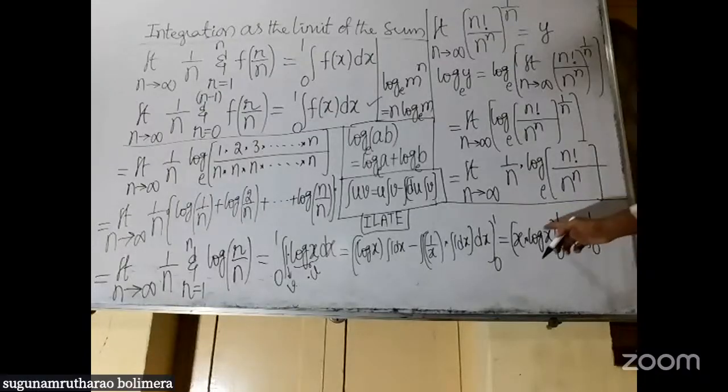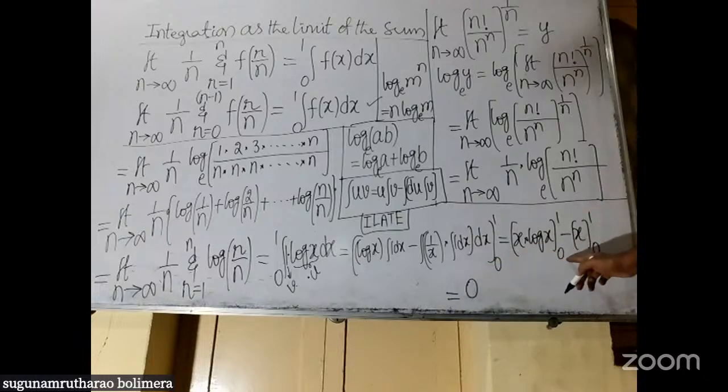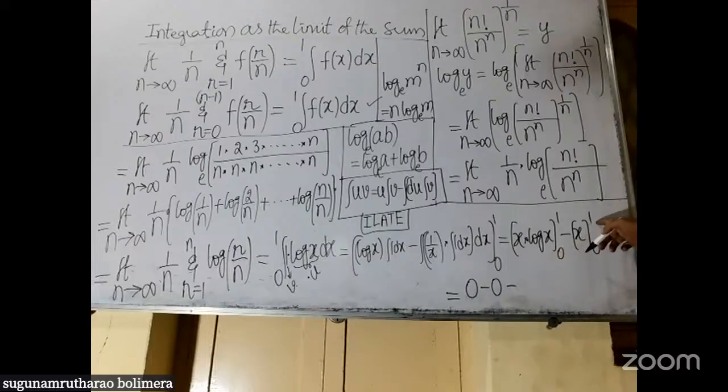Writing 1 here, 1 into log 1, and log 1 is 0. The lower limit 0 into anything is 0. Minus, upper limit 1 minus lower limit 0, so this is minus 1.